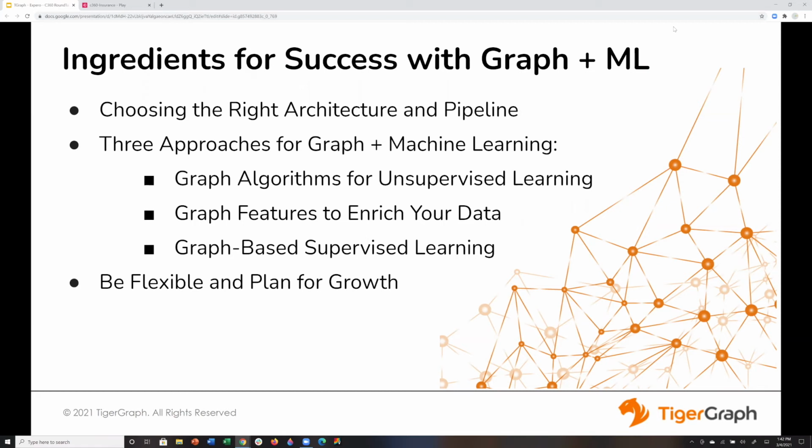You've seen a lot of analytical techniques that can be done with graph. I'm going to talk a little bit about picking the right architecture and the right machine learning approaches so that you make a wise investment. Next slide.